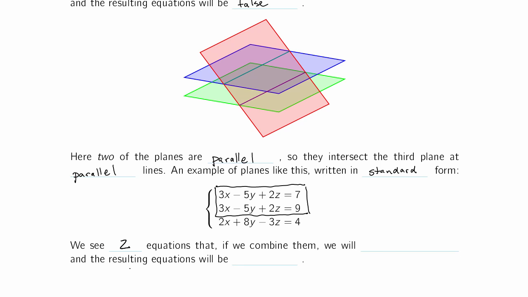If we combine these two equations, we eliminate all variables, and the resulting equation will be false. So in this case, again, we have an inconsistent system because two of our planes are parallel. They never touch each other. And again, this is easy to see because we have two equations that when we combine them, we get rid of all the variables.